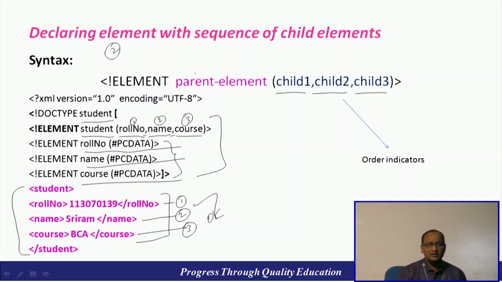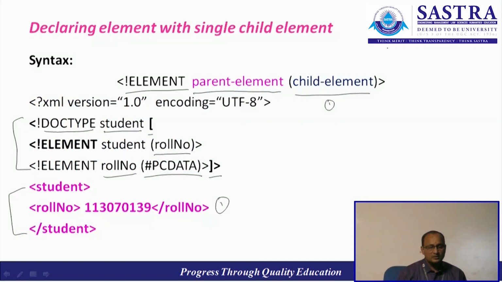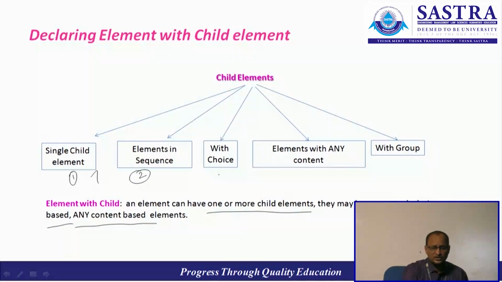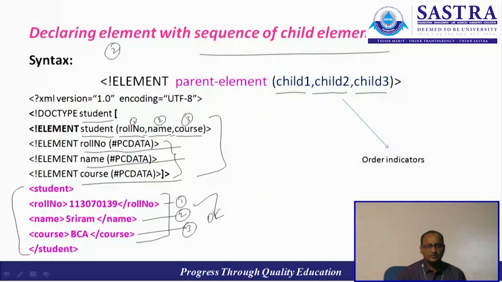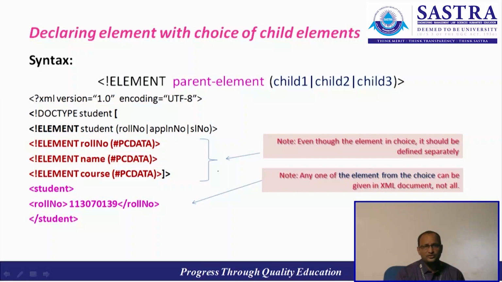So, in this example, I have shown how to define an element to carry child elements in sequence order. Coming back to the choice of child elements, I would like to have an element with a choice of child elements. For example, the ELEMENT declaration for a parent element having 3 children, but not all 3 children can be given in the XML document.